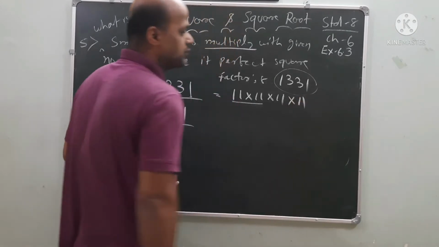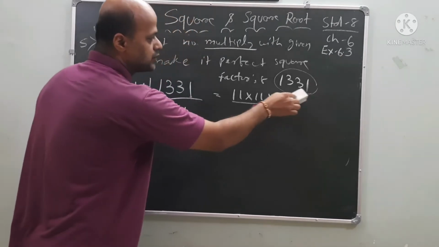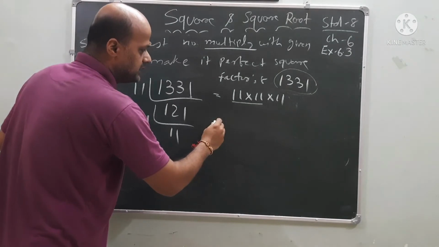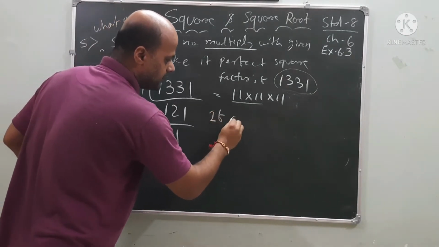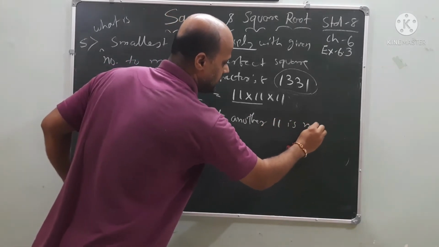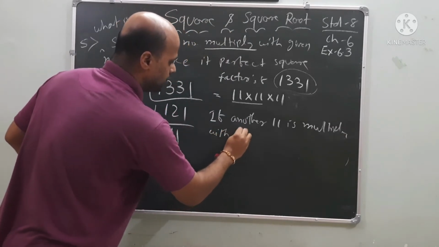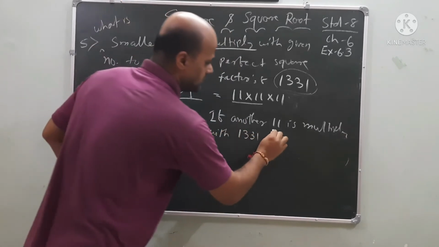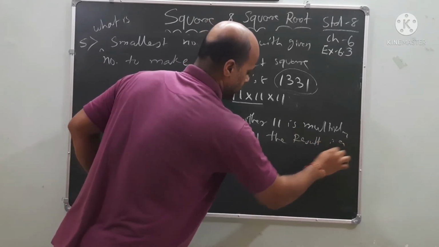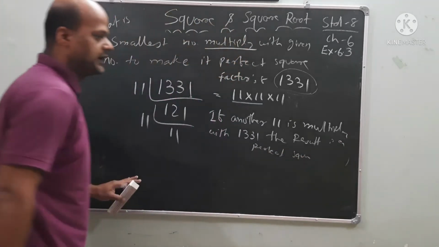Another 11 is required. If I multiply another 11, then this will be the perfect square. So if another 11 is multiplied with 1331, the result is a perfect square.